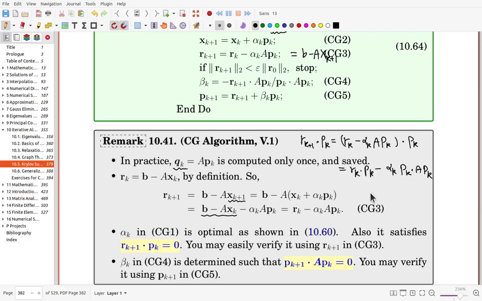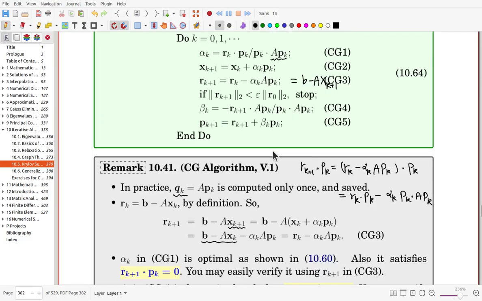Now look over there, and if we put it in, this must be 0 because alpha_k is given in this way. If you use this quantity, then this bottom portion will be cancelled with this one, giving r dot p_k minus r dot p_k.